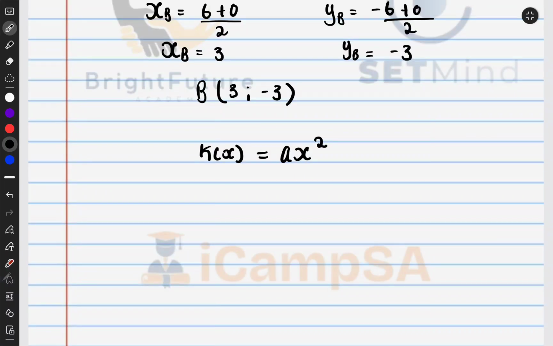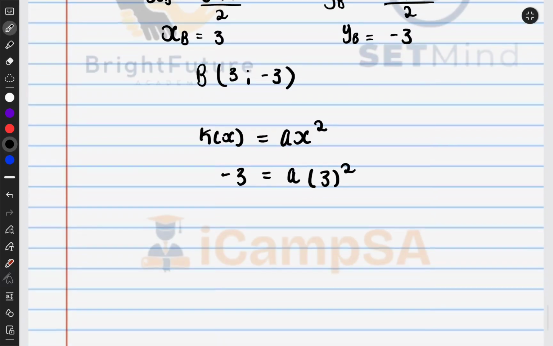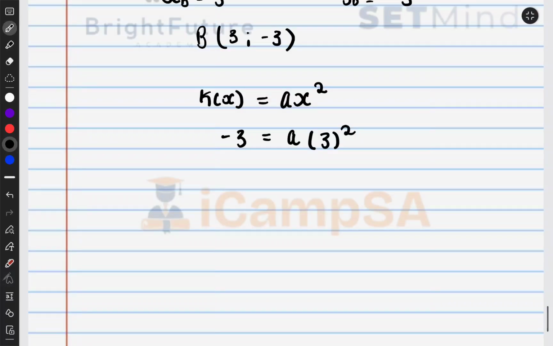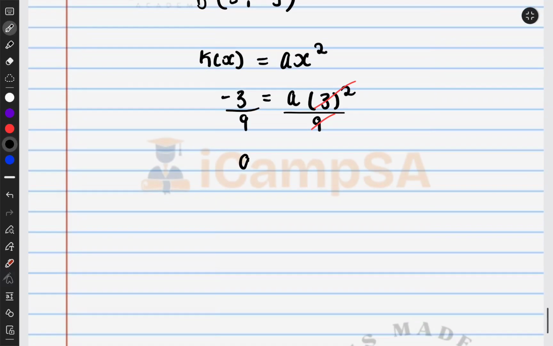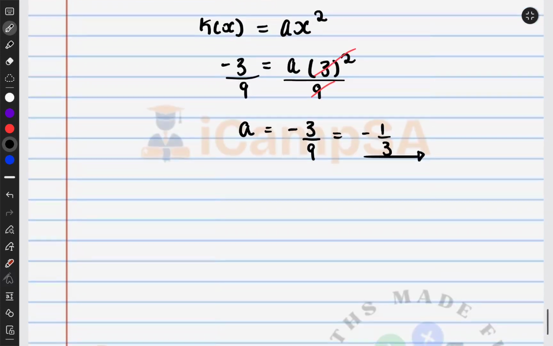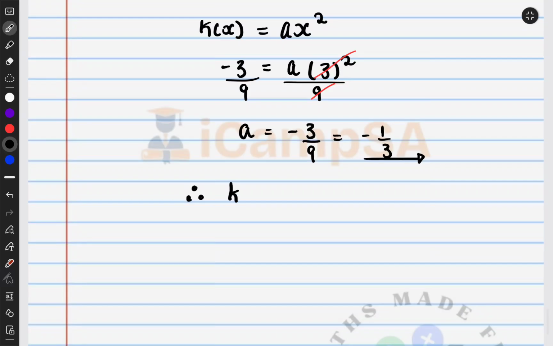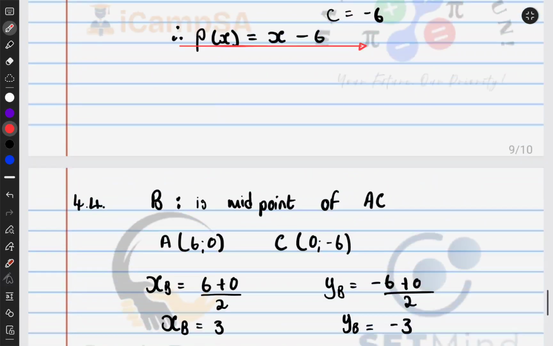So negative 3 is equal to a times x, which is 3 squared. 3 squared is equal to 9. Therefore we divide by 9 on both sides. Therefore a is equal to negative 3 over 9, which is equal to negative 1 over 3. Therefore K at x is equal to negative 1 over 3 x squared. That is the equation of K, of the parabola.